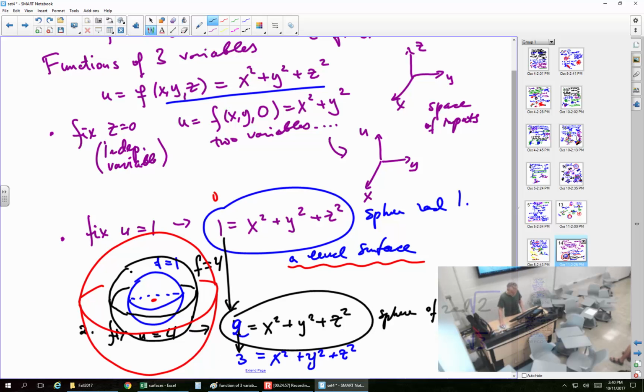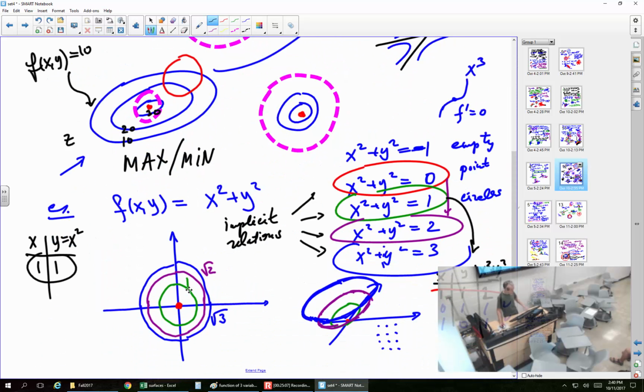In fact, it's fair to ask: this is three variables, okay? Function of three variables visualized like this, surfaces. Just a minute ago, function of two variables visualized by its level curves. What about one variable? Function of one variable, what are the level points? That's right. When you start limiting your single variable y, the output, and you cut it with vertical lines, you will have a point, maybe several points, but maybe just a single point.